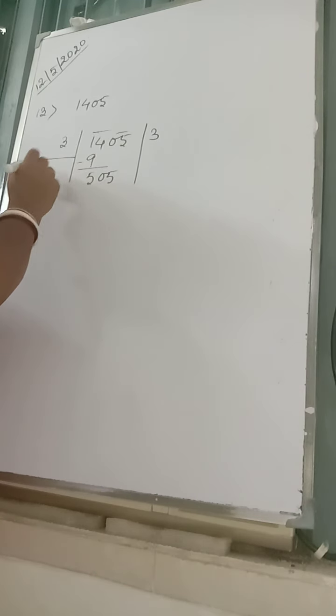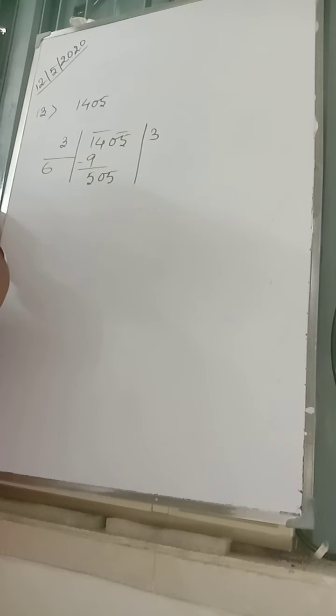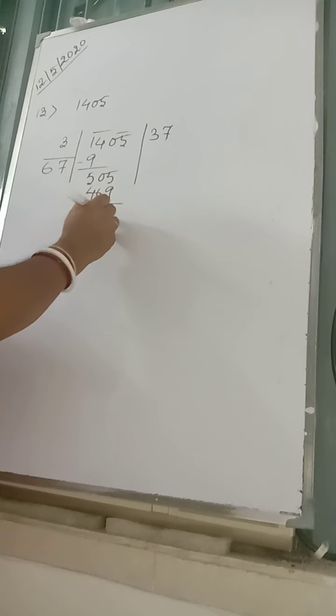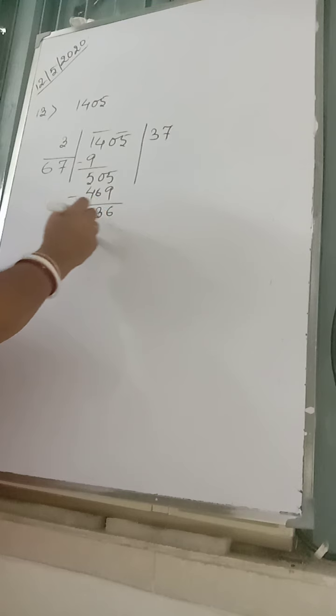Double of 3 is 6. 6, 5, 6 7s are 42. 7 7s are 49. 7 6s are 42 and 4, 46. Then this gives you 9 minus 6, 36.